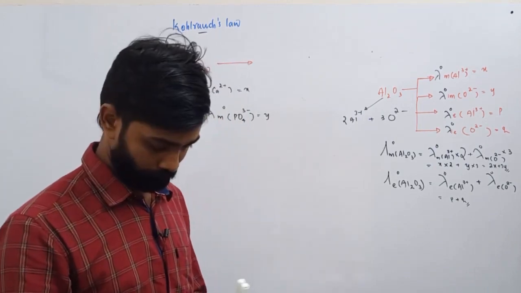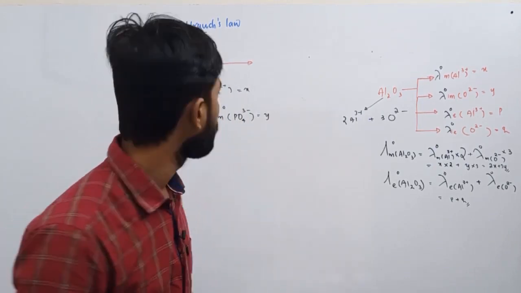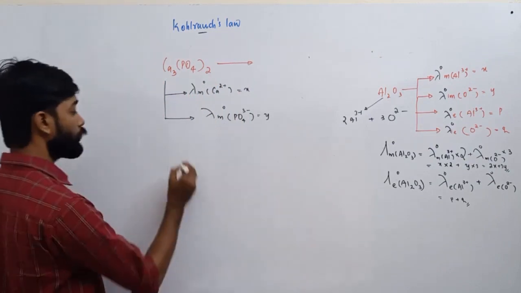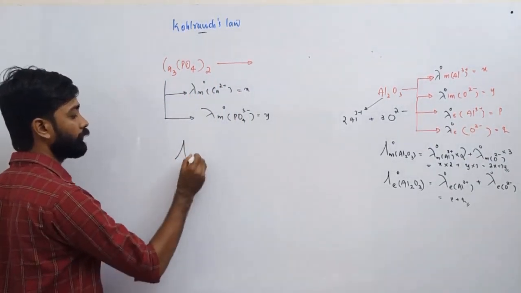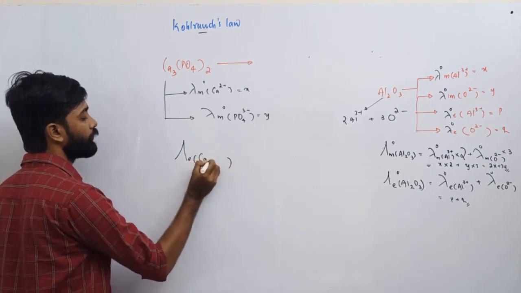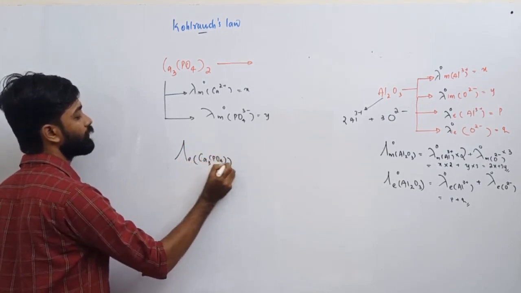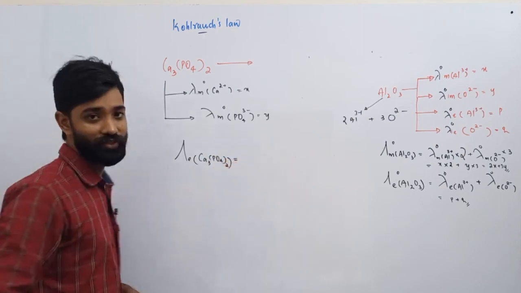Okay. But you are asked to find the limiting equivalent conductivity of Ca3(PO4)2. That is the difference.